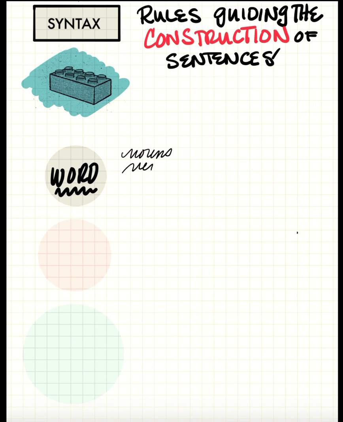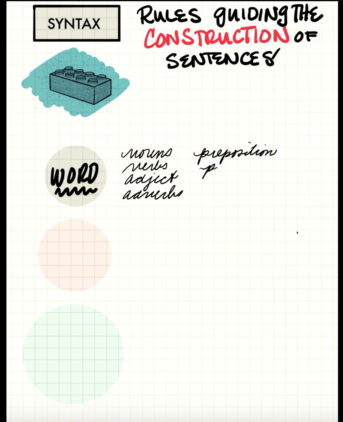And let's not forget our friend the preposition, little pronoun action, conjunctions, lots of different types of words, all of which we will do our best to define and illustrate when we talk about parts of speech. So our most basic element, the most basic brick, is the word.